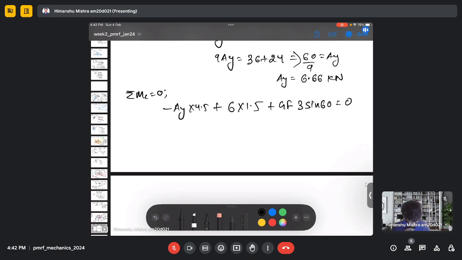And my AY is 6.66. So it will be minus 30 plus 9 plus 2.598 GF equal to 0.